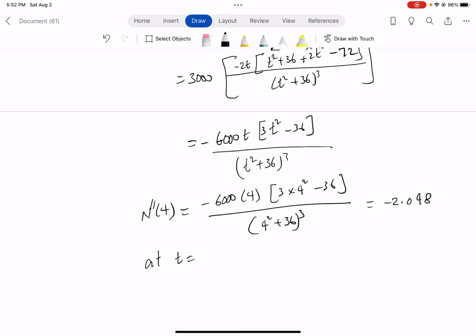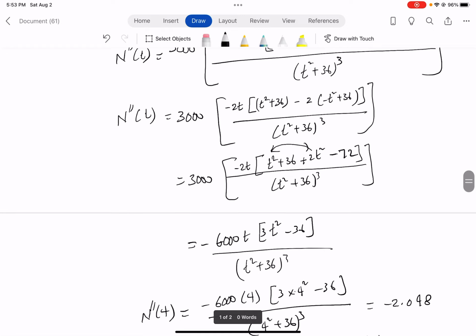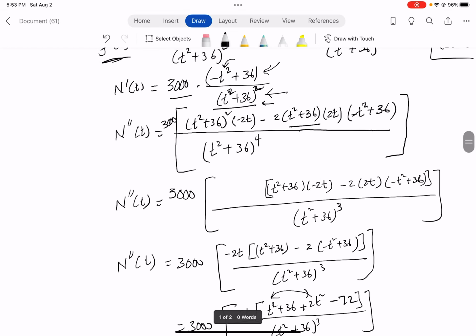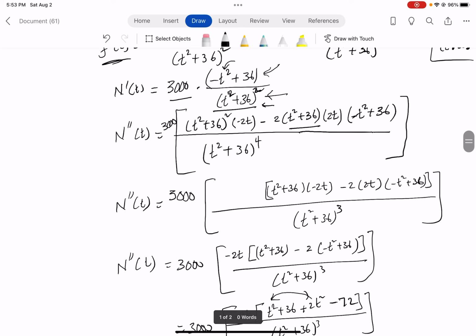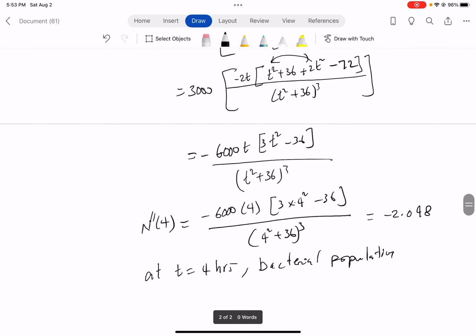So at time equal to 4 hours, the bacterial population is increasing when you do the n dash at t equals 4, but the growth rate is decreasing.